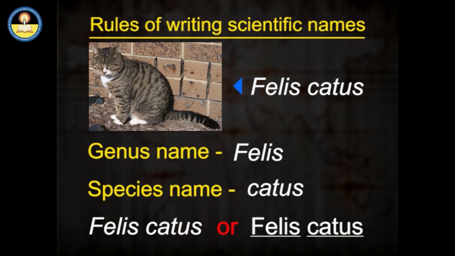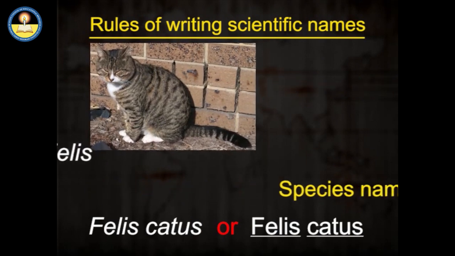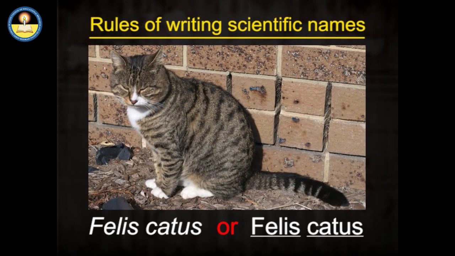The name should be underlined separately while writing. So we can say that scientific or Latin names for living organisms are conventionally typed in italics, and if they are written, they have to be underlined.